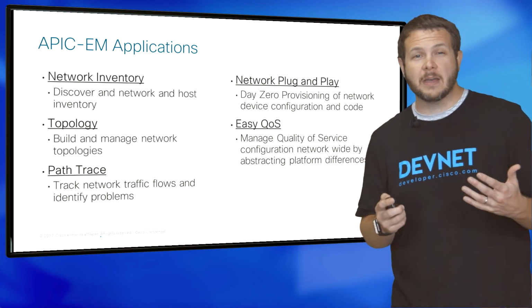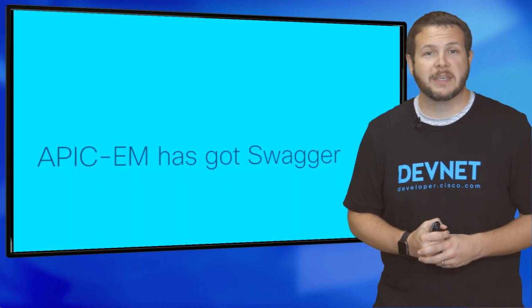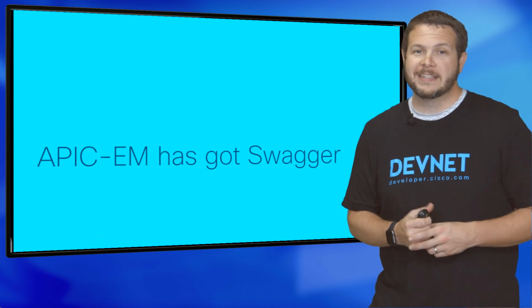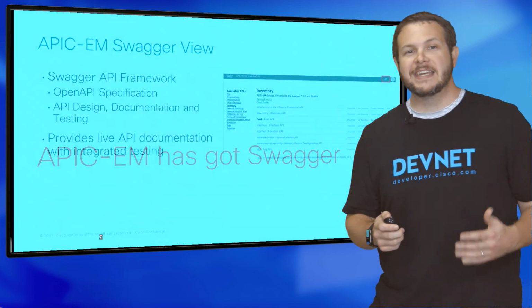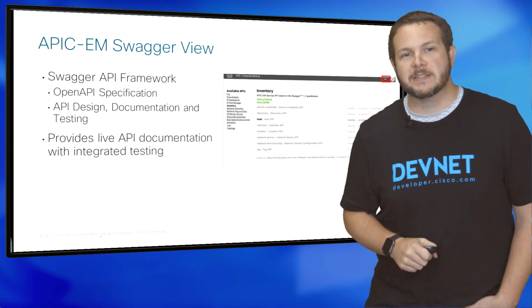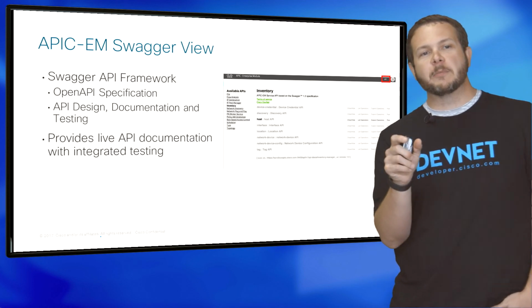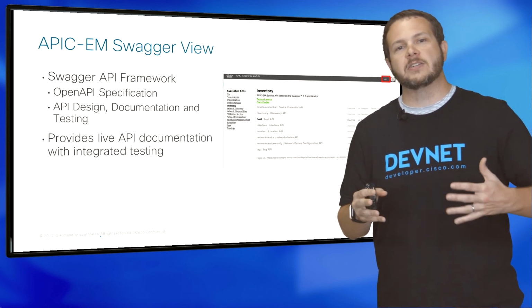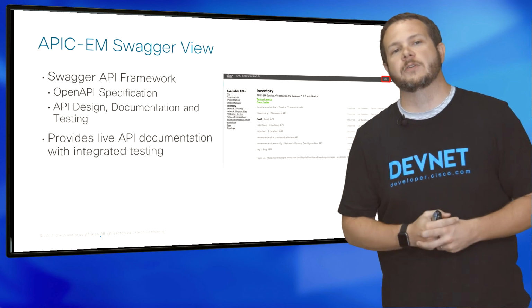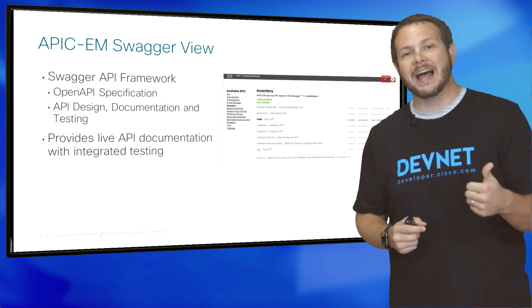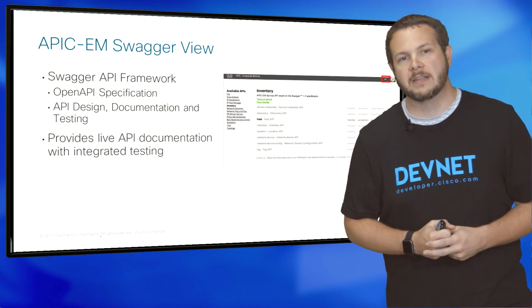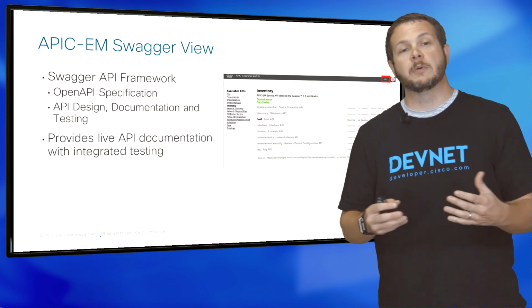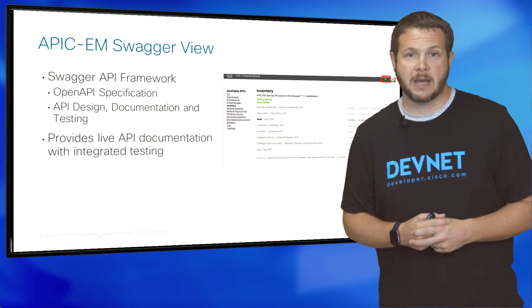And as far as APIC-EM goes, when we talk about APIs, APIC-EM has got swagger. Now, what I mean by swagger in this case is the Swagger Open API specification. What Swagger provides is tool sets for application developers providing APIs for their services to make sure that they design, document, and test their APIs in a format that will be well received by the consumers of those APIs.